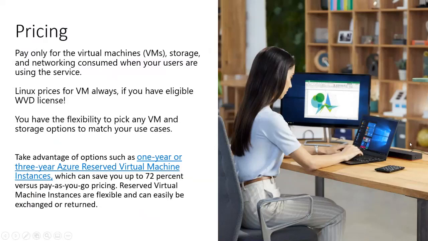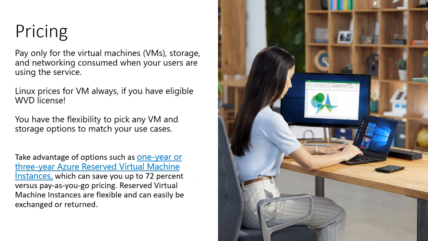So with pricing on Windows Virtual Desktop, you only pay for the virtual machines, the storage, and the networking consumed. So you're not paying for the RDS infrastructure portion of it, and you don't pay for the physical hosting platform, right?